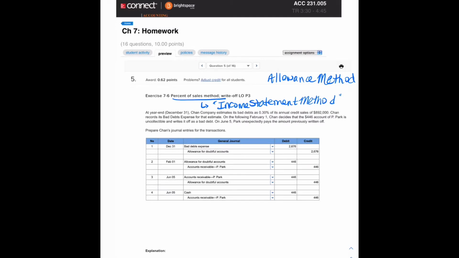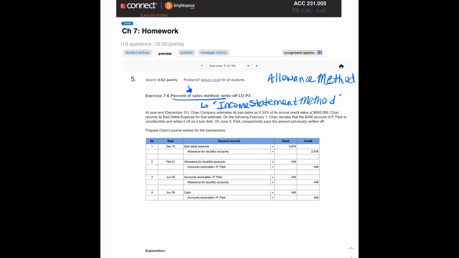I only need to look at that if I'm looking at maybe what is the net realizable value of this, which once again is just my gross accounts receivable less that allowance for uncollectible accounts. Or if I was asked for the ending balance in my allowance for uncollectible accounts. That's the only time I would need to know what that beginning balance was if I was using the percentage of sales method or the income statement method, right? It's two names for the same thing.